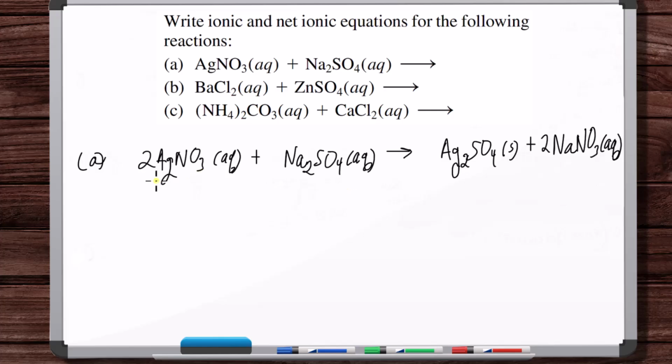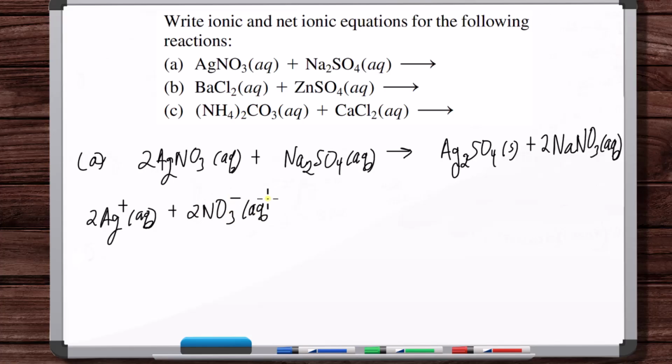So we've got 2 Ag plus, aqueous. The ionic equation is going to be more descriptive of the physical reality. You've really got these aqueous ions floating around everywhere. It's not these aqueous AgNO3 units, it's these aqueous ions. Plus 2 NO3 minus aqueous.